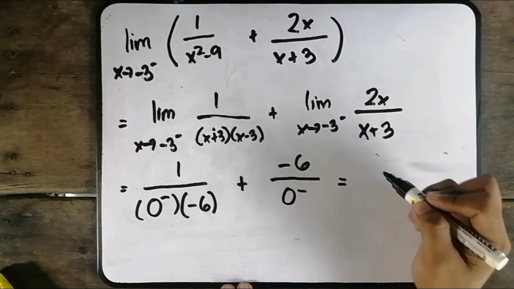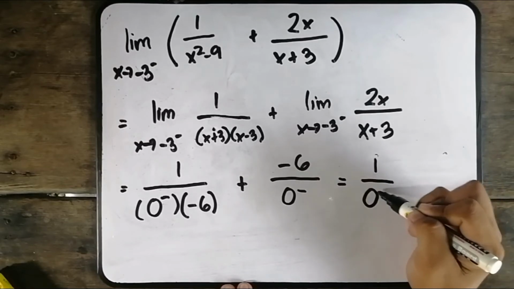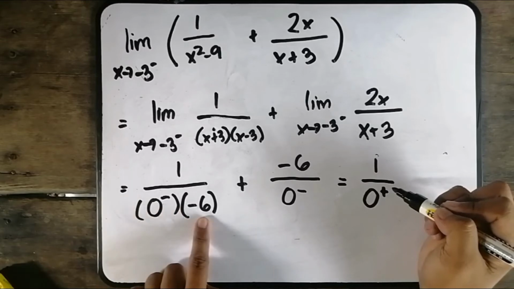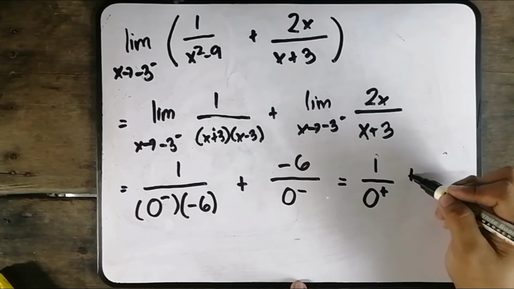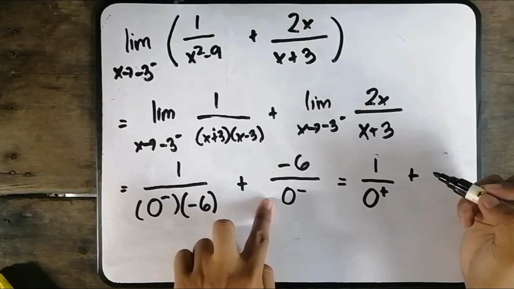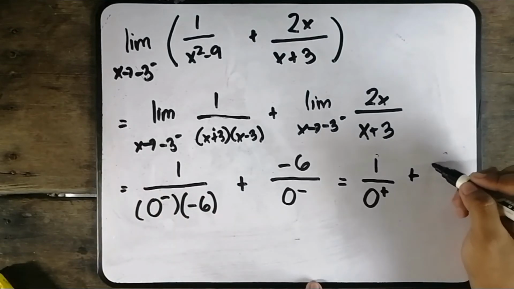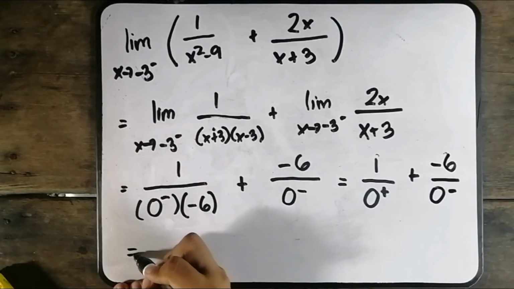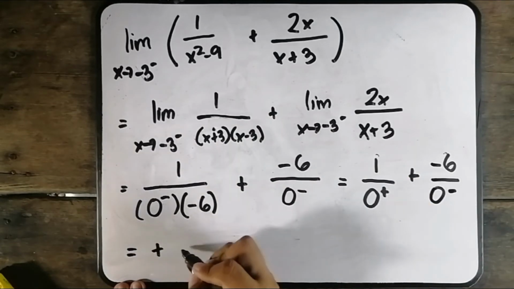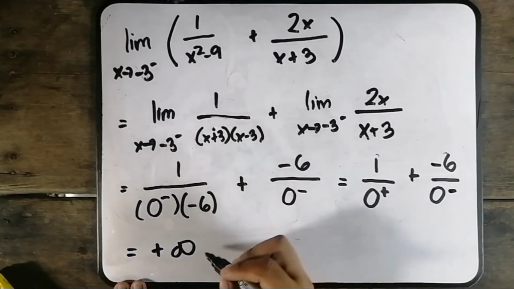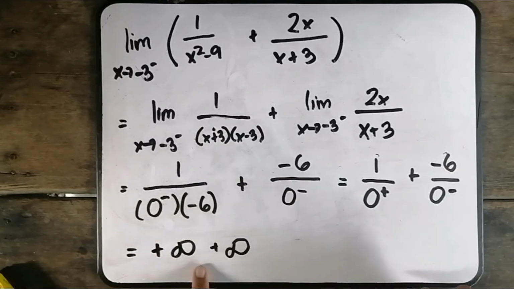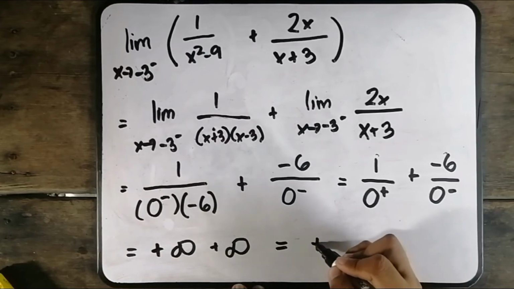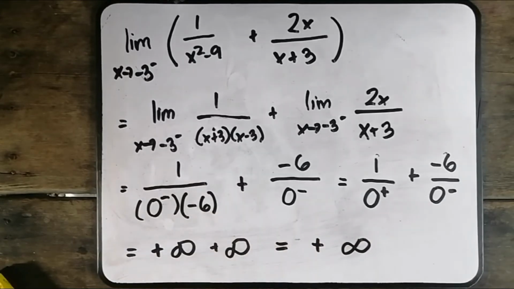So this is equal now to 1 over 0 positive, kasi nga 0 negative times negative 6, so 0 positive, plus negative 6 over 0 negative, which is equal to positive infinity. Then this is also equal to positive infinity. And we know that the sum of two positive infinities is equal to positive infinity.